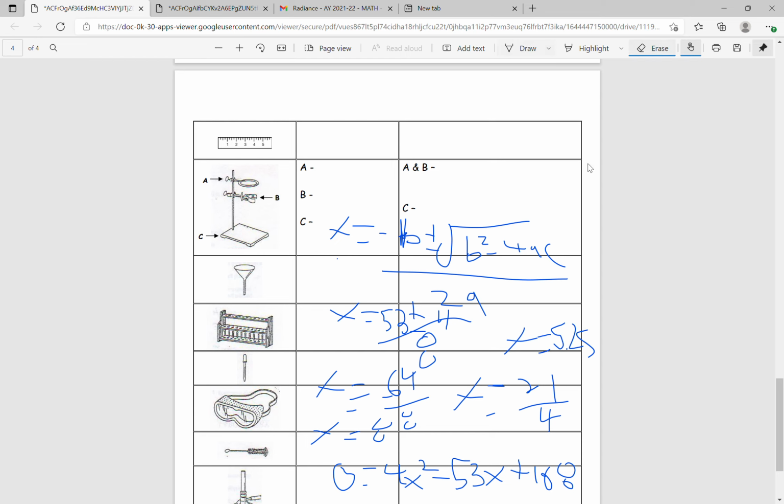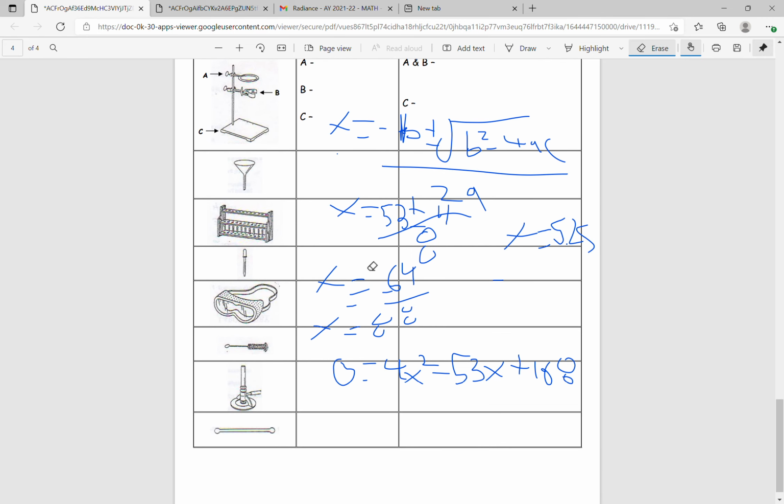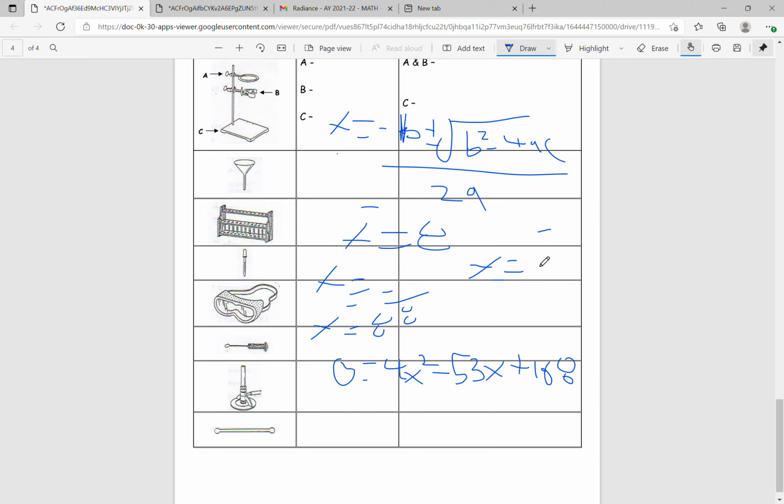Let me just get rid of this stuff. I know I didn't show all the arithmetic because that would be a lot of writing. I just did it in my head really fast, with the calculator, obviously. But when we do that arithmetic, we get the answers: x equals 8 and x equals 5.25.